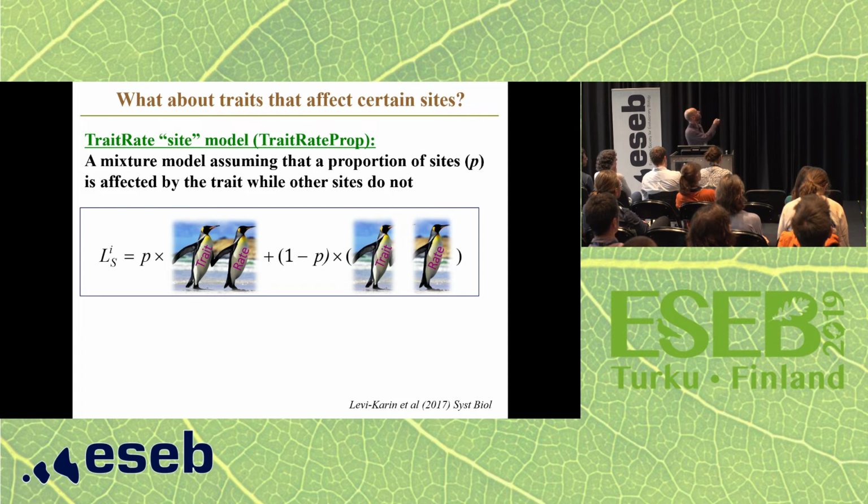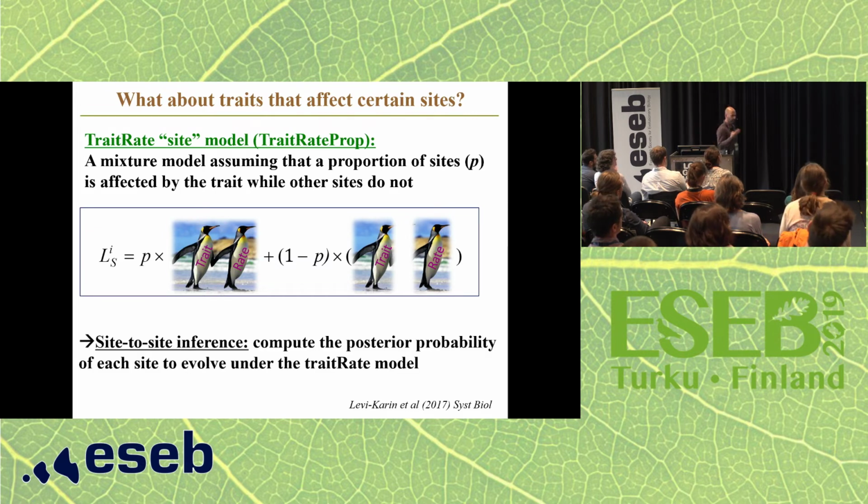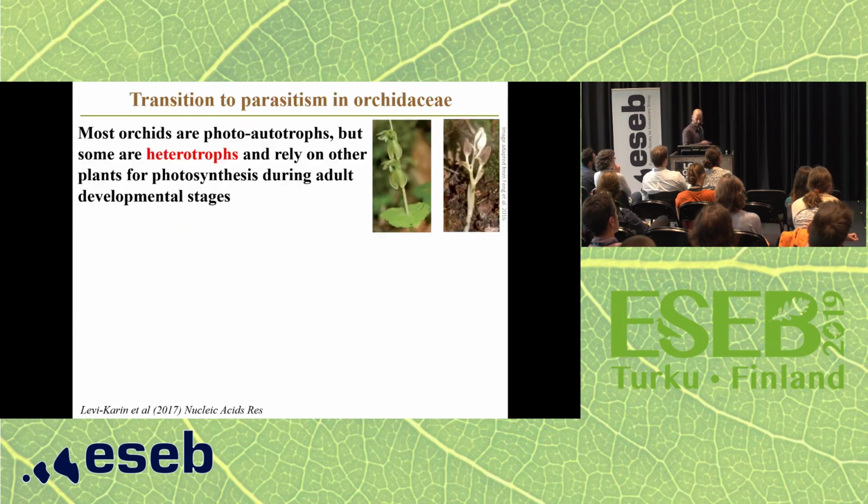In the one, we assume that the position is affected by the trait, multiplied by the probability of that scenario, plus the scenario in which the sequence position is not affected by the trait. And then we can do site-to-site inferences to infer which positions are most strongly affected by the trait, or we calculate the posterior probability of each site to evolve under the trait-dependent model.